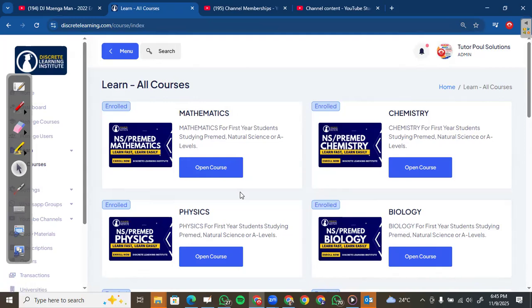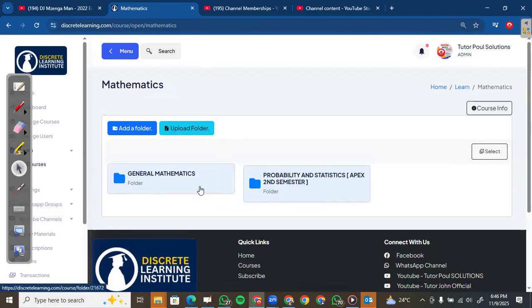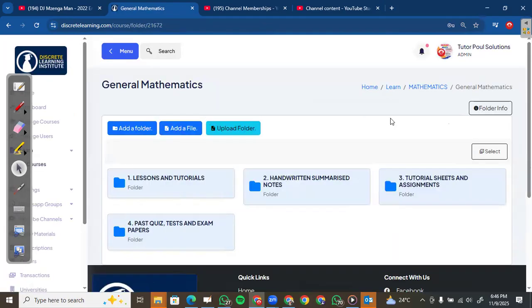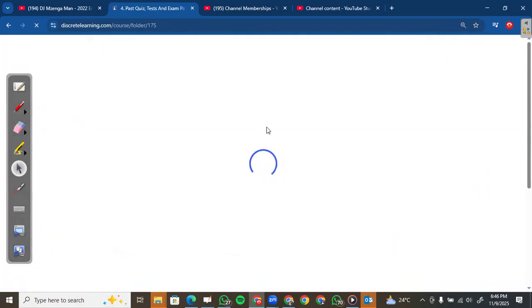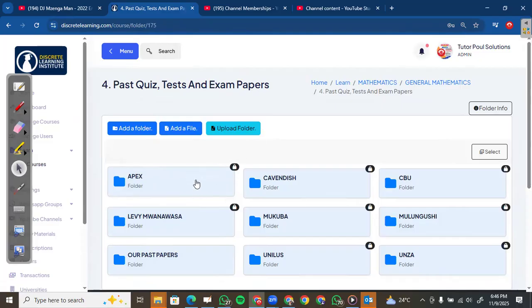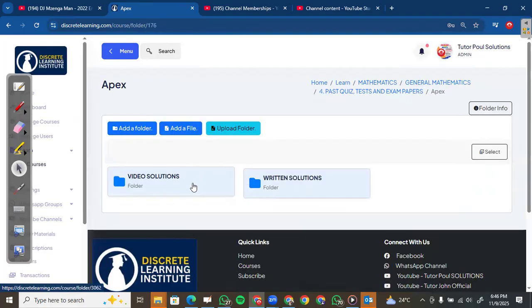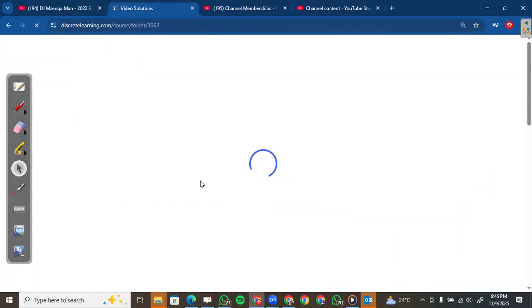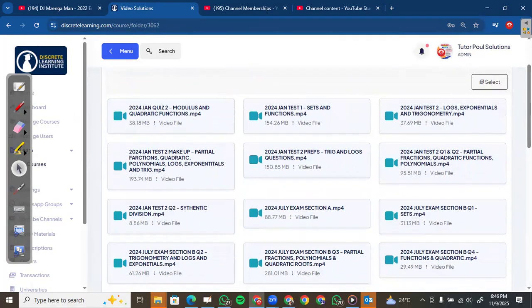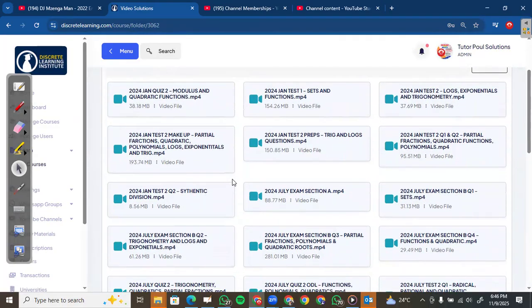Here I'm just going to show you some of the contents that we have under the mathematics course. For first semester, you go in this folder; for second semester, you go there. For first semester, you go in general mathematics, and then you go to the past papers. In the past papers, you're going to find different universities. You select your university, and then you go to the video solutions. Here we have quite a number of past tests, quizzes and exam papers.